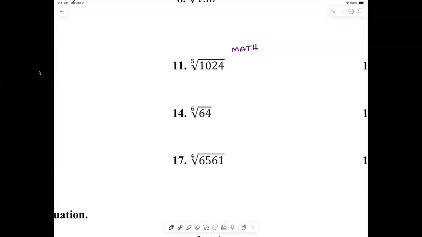Under math, the nth root or the x root, I'm sorry, not n. So that's number 5, if I'm not mistaken. When you hit 5, now you can type it in. Put a little 5 in the corner, and then go in and put in 1024, and then enter.